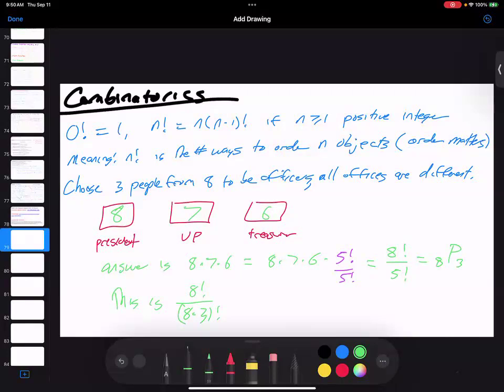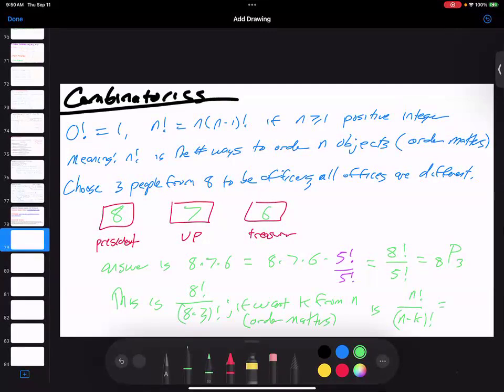It's the number of permutations. So if we know the factorial function, we can calculate something like this. If we want k from n when order matters, that is going to be n factorial over n minus k factorial.